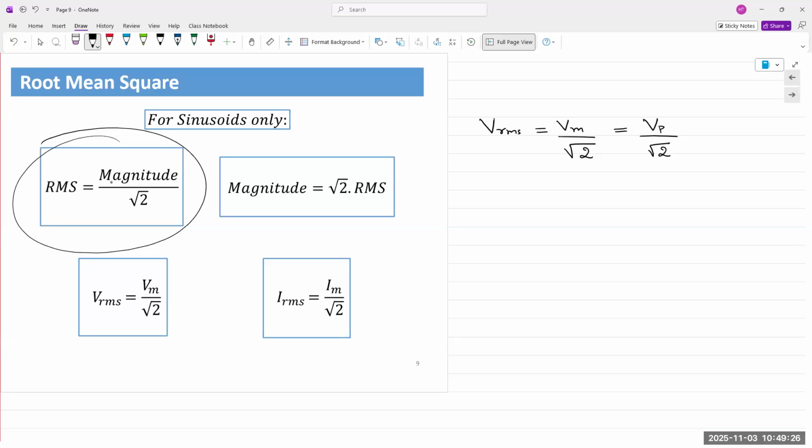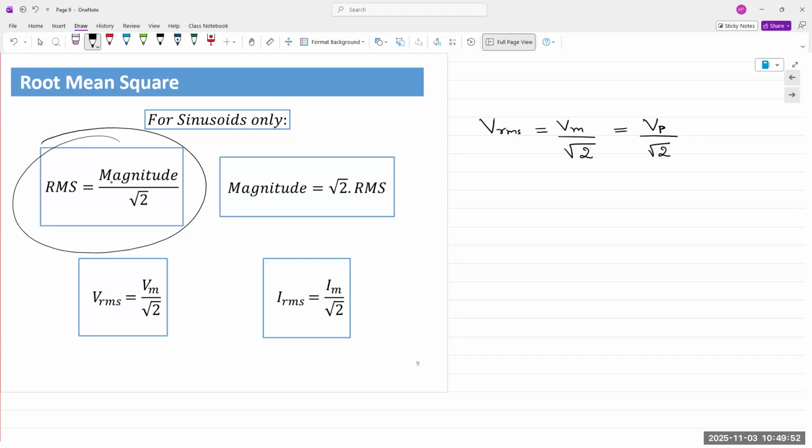And what I explained about taking both the peaks in the positive cycle, that's just a tool for explanation. But for sinusoidal only, the direct expression is Vm over √2, or magnitude or peak value over √2, not the peak to peak value. I want to be clear: just one peak.